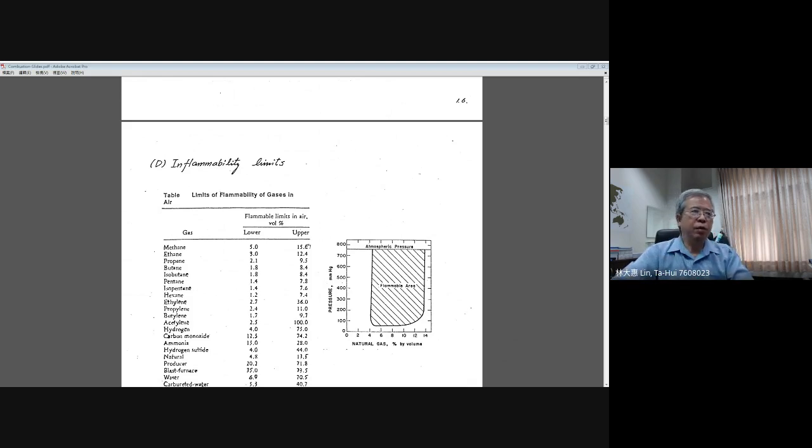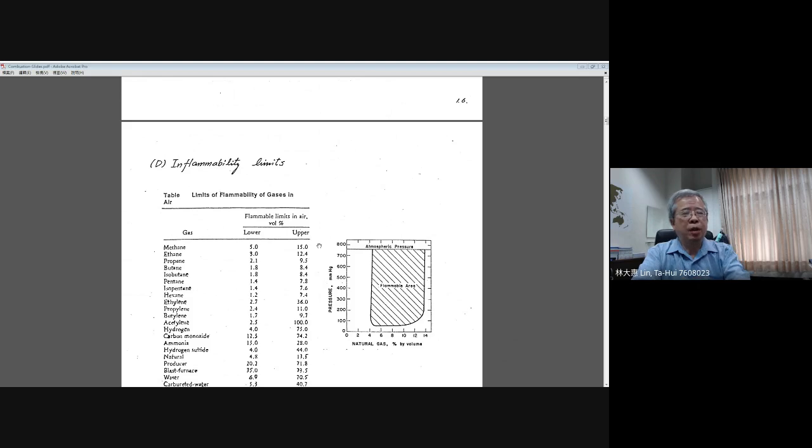I said may not because for some concentrations, if your mixing ratio is under the lean limit or above the rich limit, you can still have some additional support. For example, for premixed, the mixing ratio is around 4%. But if you have an outer heat source to support it, that means you have a super adiabatic condition, some heat support, then maybe this flame can exist.